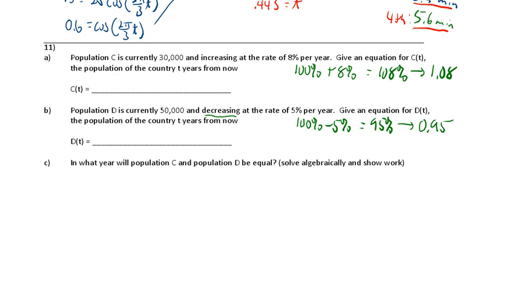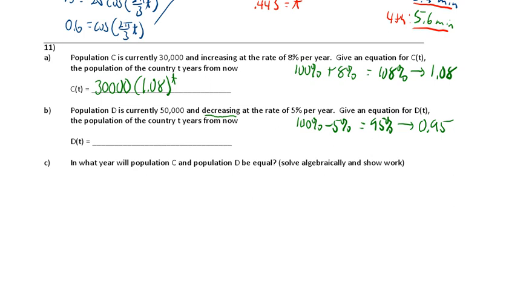And you have the option of just calling this 30 and letting it represent thousands, but let's just keep the zeros here. C of t equals 30,000 times 1.08 to the t power.